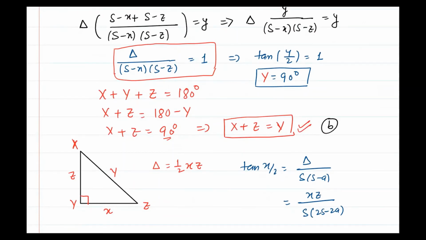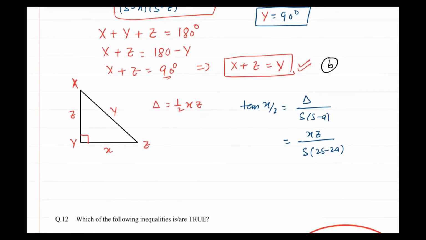Second one is we have to find the area. Because this angle is 90 degrees, the area of the triangle is 1 by 2 into x z, and tan x by 2 equals delta divided by s into (s minus a), and s minus a means s minus x.